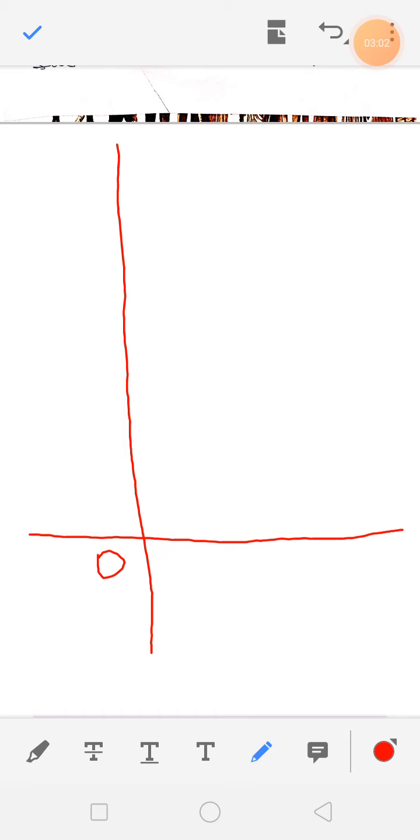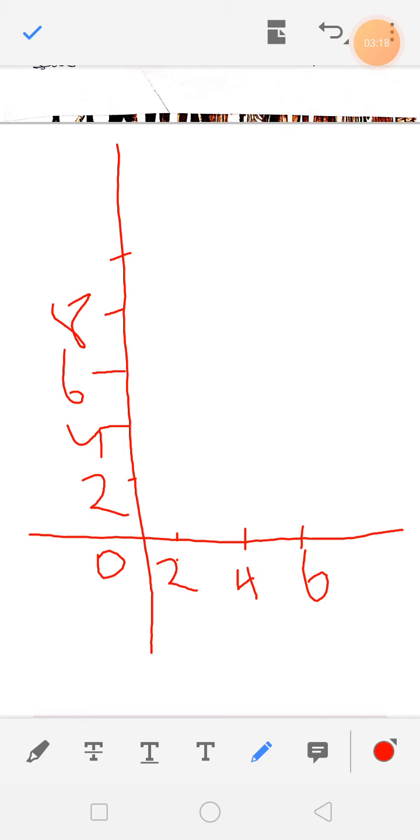So 0, I just take 2 units. 2, 4, 6, 8, 10, and then 12. Okay, so if you put x value 1, what you will get? 11.